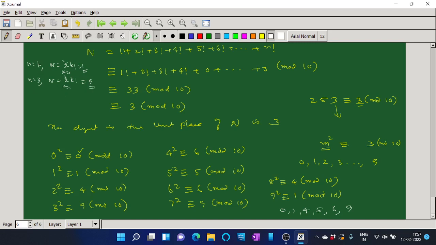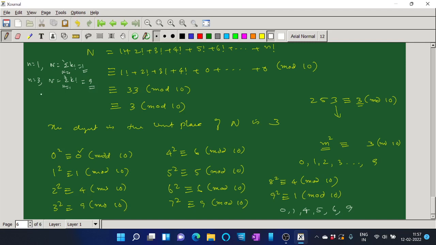So when n equal to 1, it is a perfect square. When n equal to 3, it is a perfect square. When n equal to 2 or 4, they are not perfect squares.